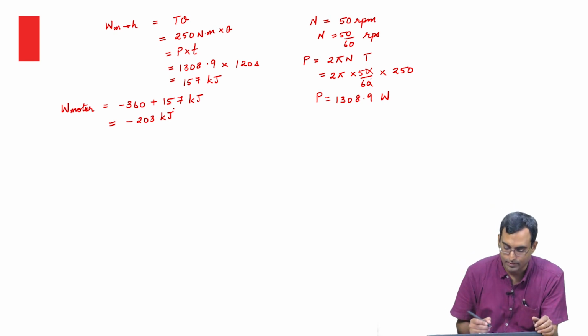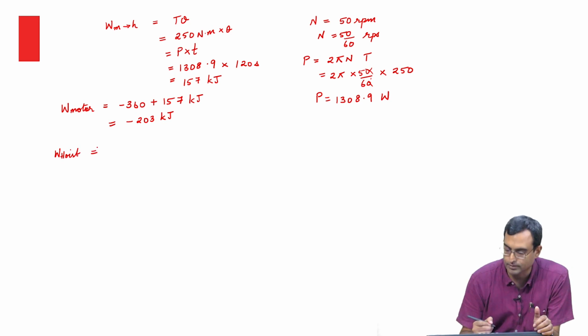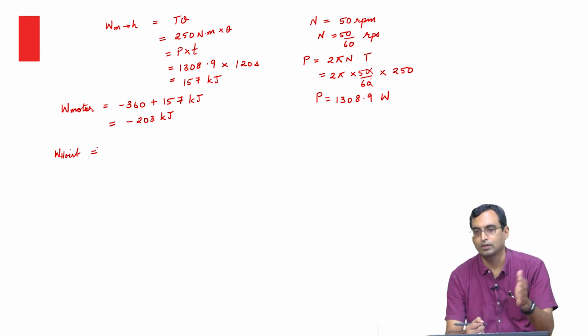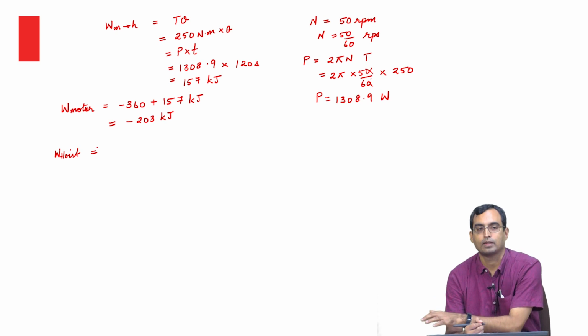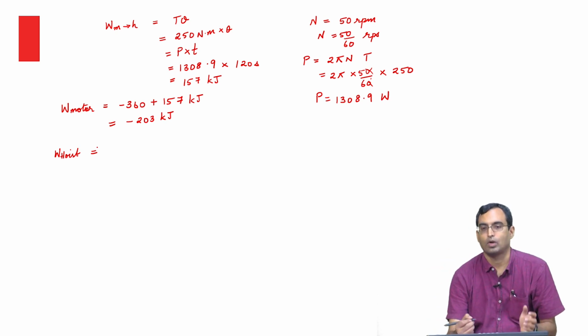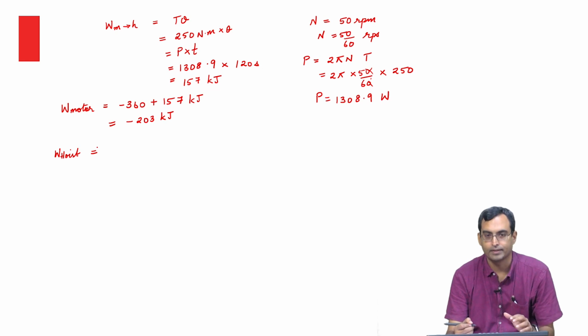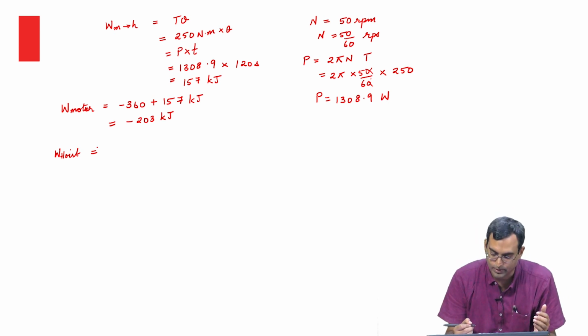We also need the interaction for the hoist. So, for the hoist, we have work being done on the hoist by the motor, and then we have the hoist doing work on a mass, it is raising the mass. So, work being done on the system is negative. If we take the hoist as a system, whatever work is done on the hoist is negative. So, that is essentially the work interaction with respect to the motor.